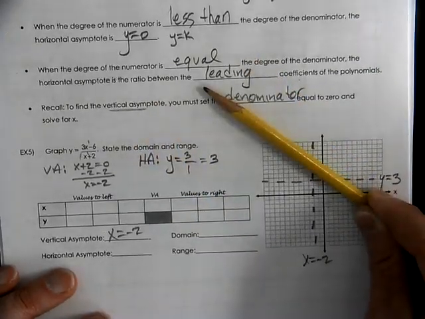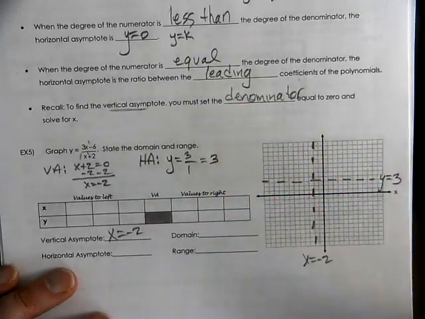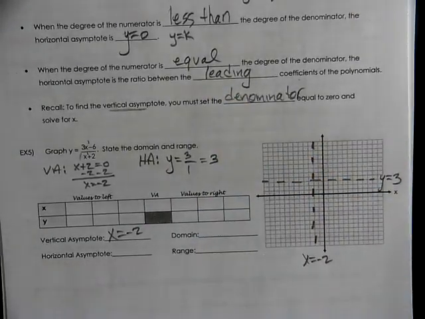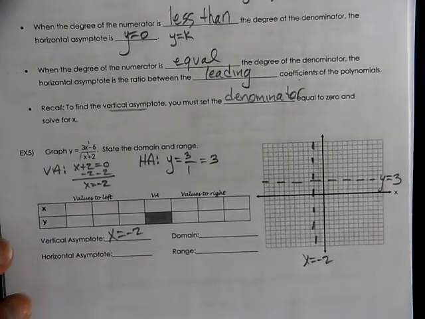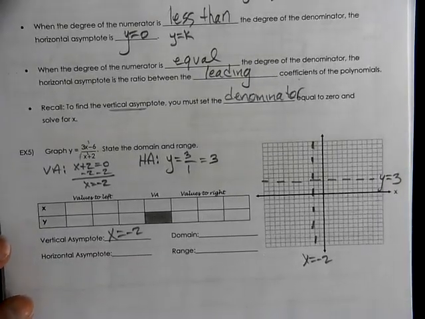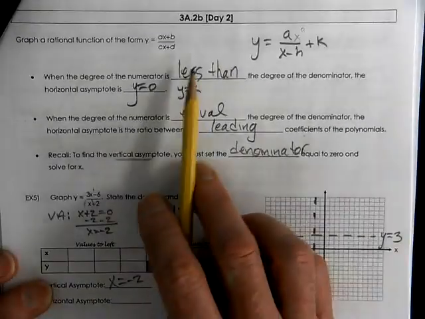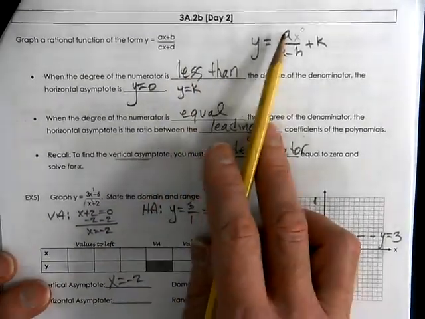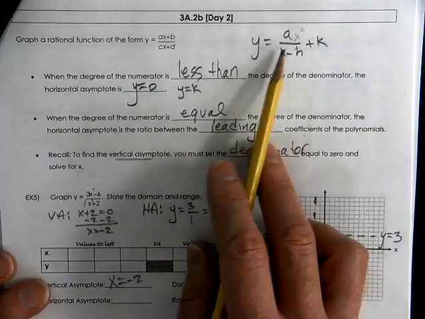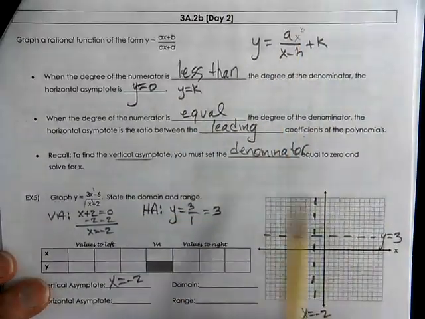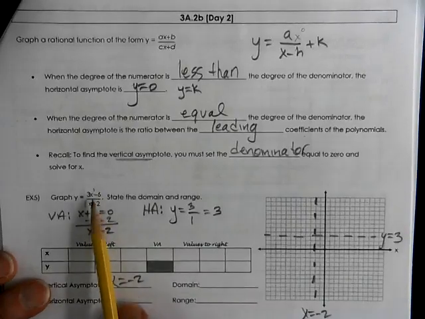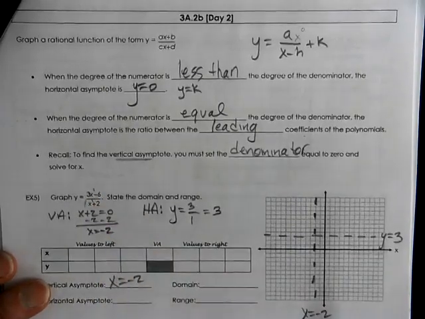But we're not going to have slanted asymptotes in this class, so it won't be our issue, but you might have that in a pre-calc type class. So we're only going to have to worry about the top being smaller or the top being equal to the bottom in degree. That's what we're looking at, the degree.